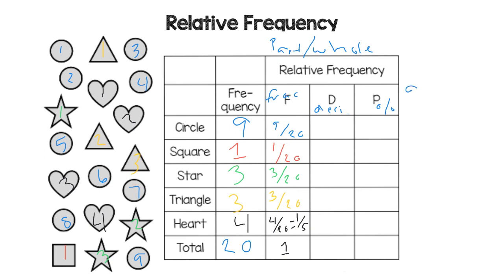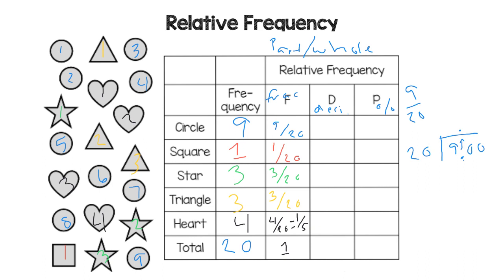We have 9 over 20, and we want to turn this fraction into a decimal. So we're going to divide, and we're going to put 9.00 on the inside and 20 on the outside. Remember, when we divide by a decimal, we bring our decimal point straight up into the quotient.